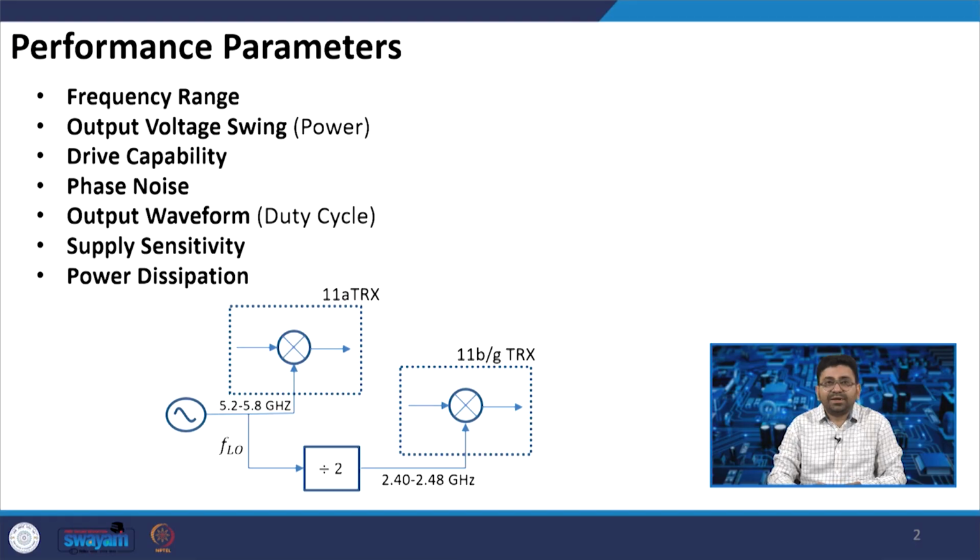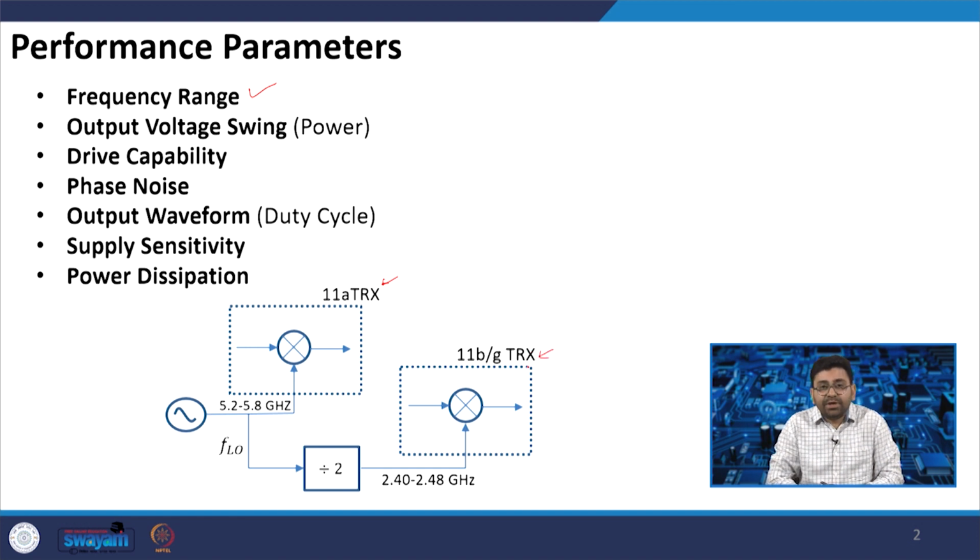So, the first parameter is the frequency range. If you see, here one example is given where you want to design a transceiver and receiver, for the standard 11A TRX or for standard 11BG.